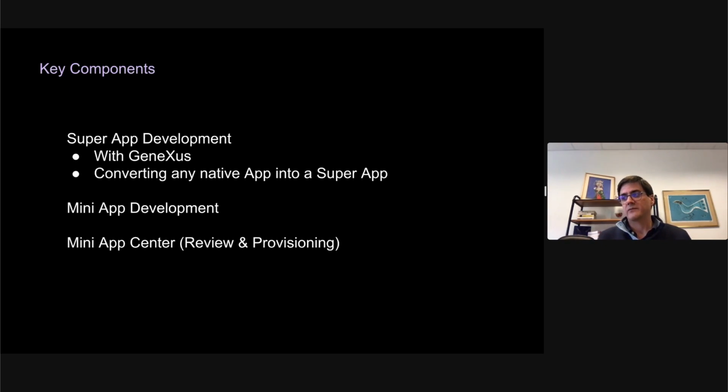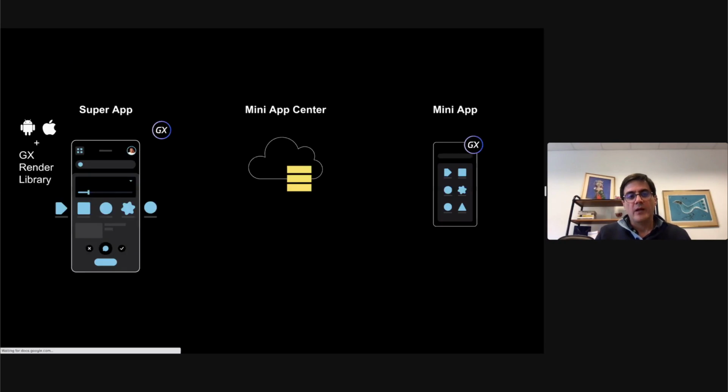Well, they will be cataloged in what you call a mini app center that has a full security scheme with users, because users that are developing mini apps will say, okay, if you want to be a part of that super app, you will have to register, and it will be part of the catalog and part of the server, and the super app owner will approve this mini app because it has the minimum requirements to operate within the super app. And once that is done, it will be up and running. And all of this process happens within this mini app center.